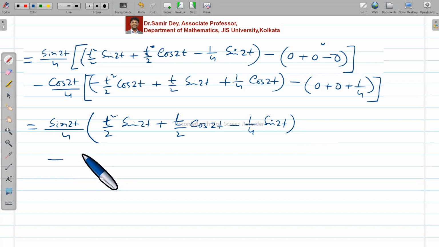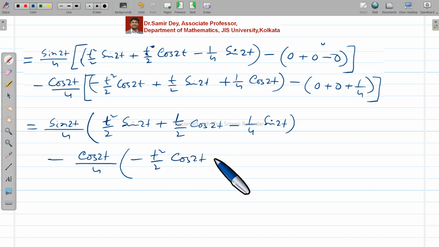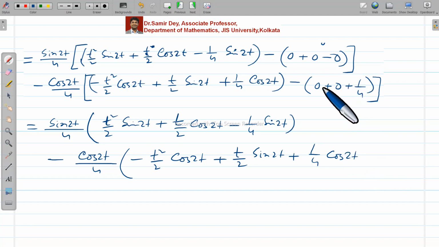And minus cos of 2t by 4, open your bracket, that is t square by 2 cos 2t plus t by 2 sin 2t plus 1 by 4 cos 2t, and here it is coming minus 1 by 4. So that is the answer.